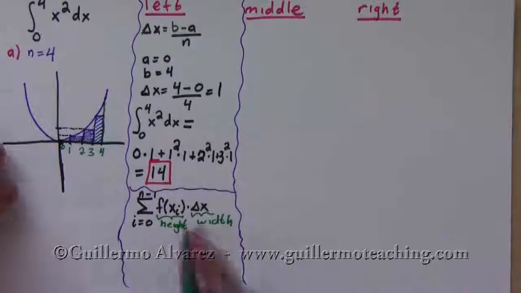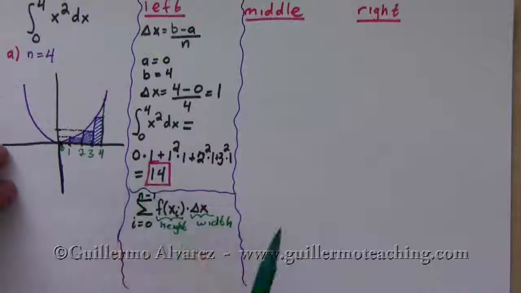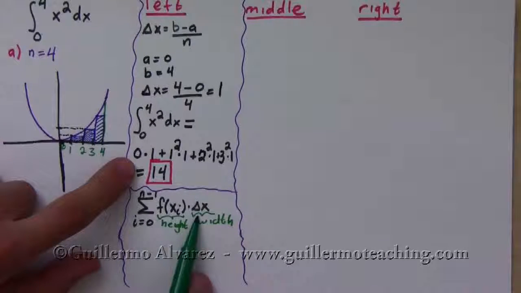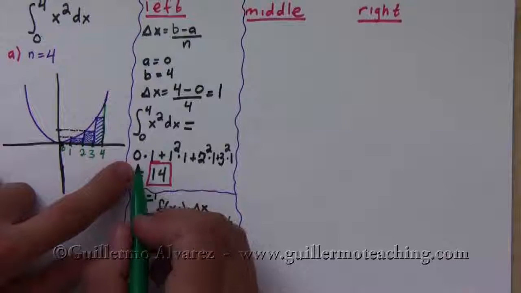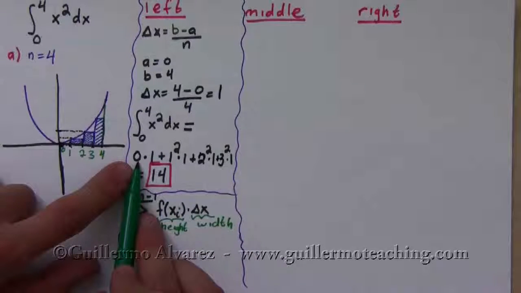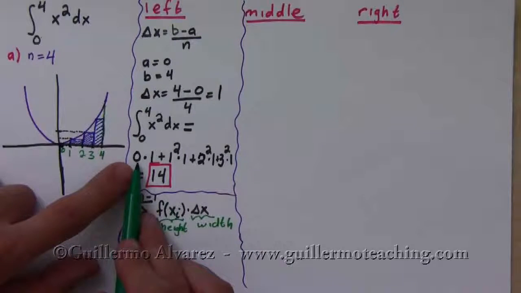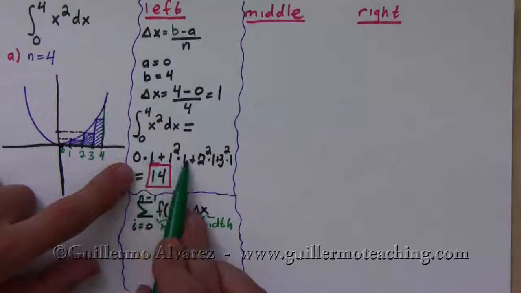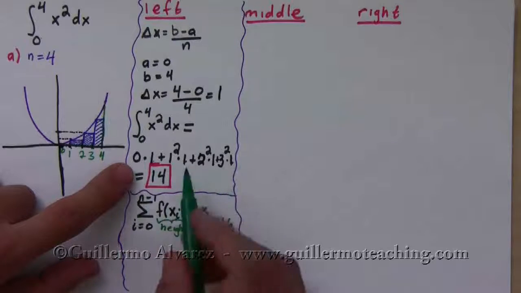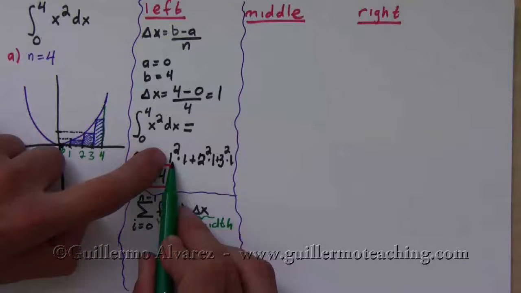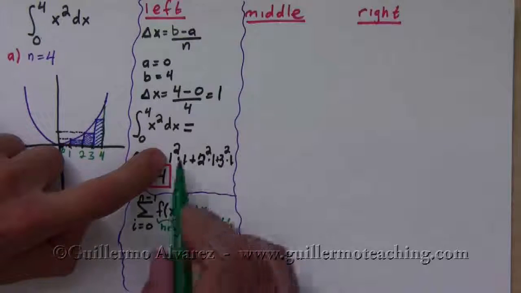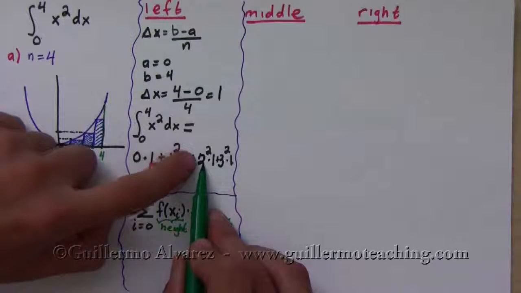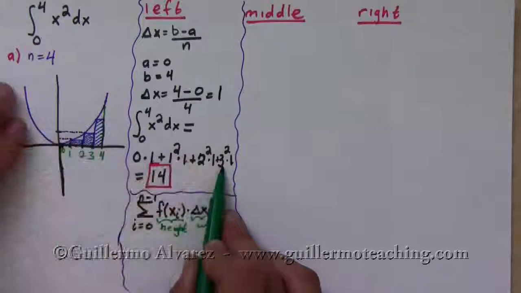So for example, if you take a look at this first 0, that's f of x sub 0 times 1, which is delta x. Notice delta x is the same on each one. And then here we have f of x sub 1, and then f of x sub 2, and then f of x sub 3.